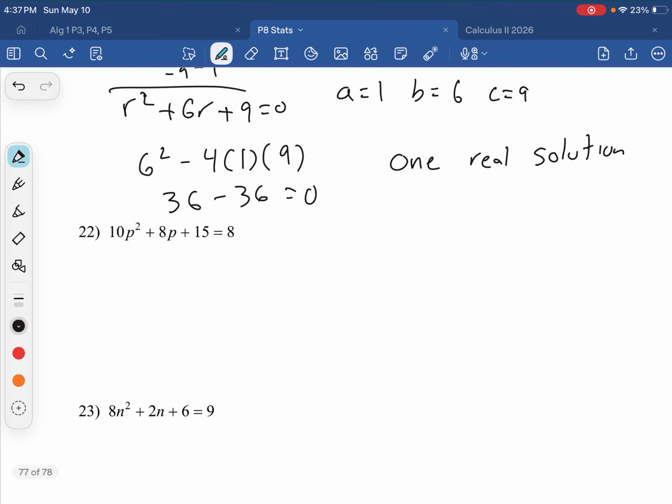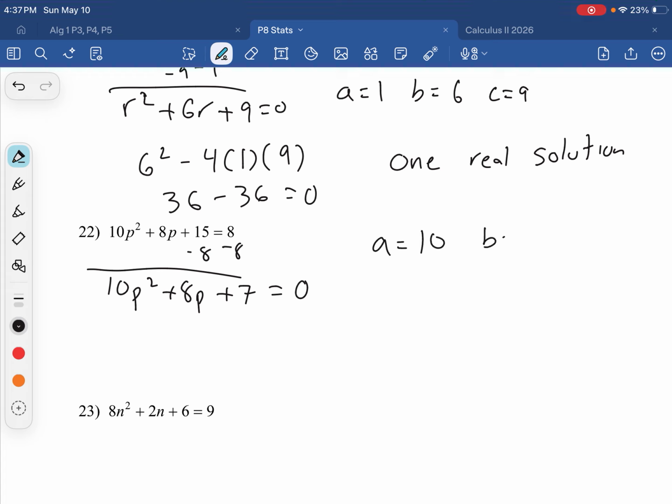For this next one, same idea. I need to subtract 8 on both sides. I get 10p squared plus 8p plus 7 is equal to 0. So this would look like a equals 10, b equals 8, c equals 7, 8 squared minus 4 times 10 times 7.